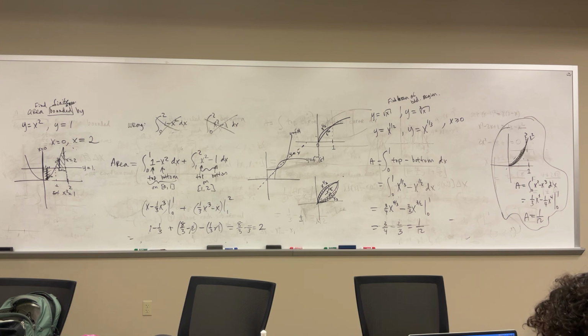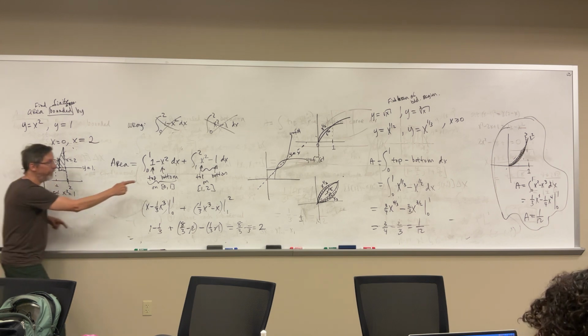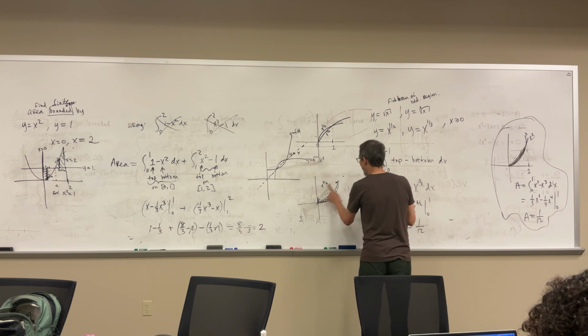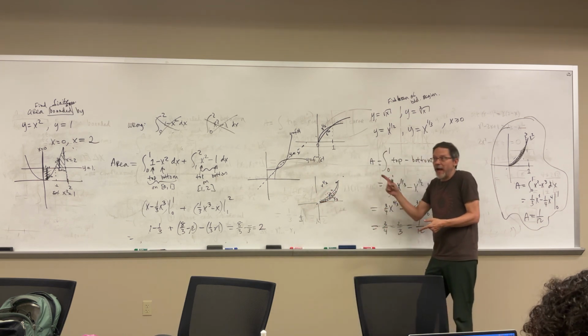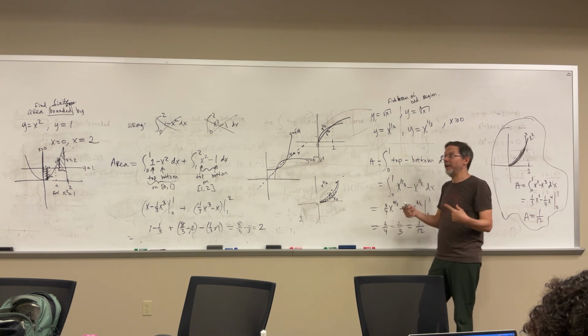You're going to find over the next couple of weeks that the hardest part is setting up the problems, because what we're going to start doing on Wednesday is taking shapes like this and spinning them around axes to create volumes, and then finding the resulting volumes.